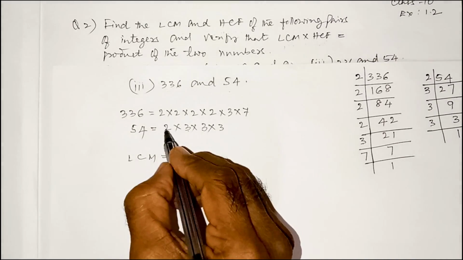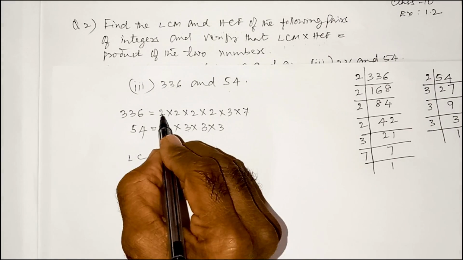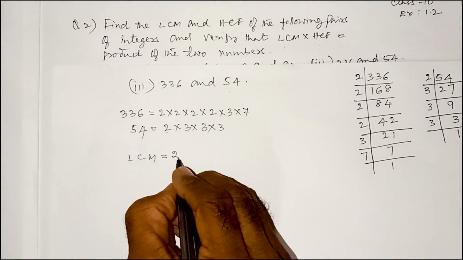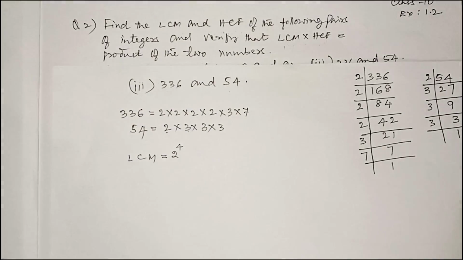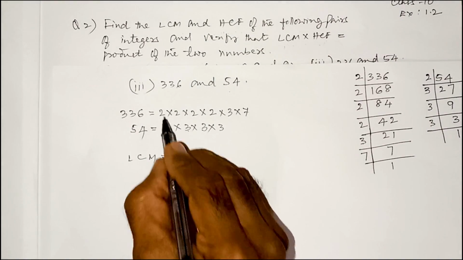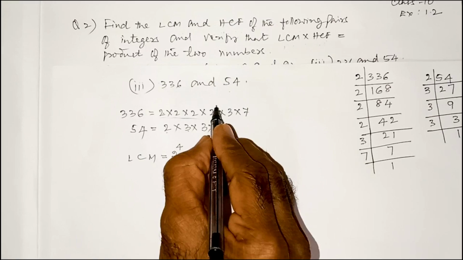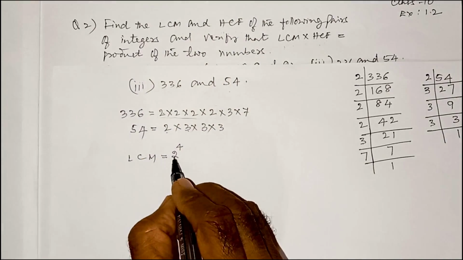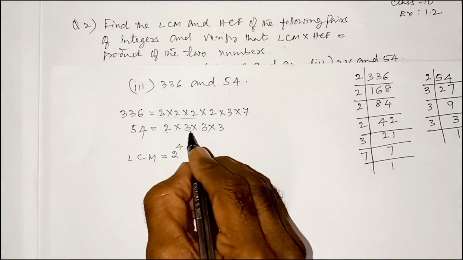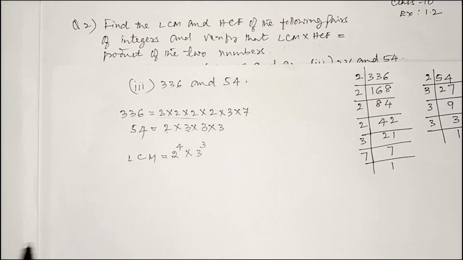In this case, let us take 2. You have 2 only once, but here you have 4 times. So you need to take the highest number of these two. 2 is once here, but it is here 4 times. So you need to take 2 to the power 4. Second is 3. Here we have 3, but here we have 3 cube. So you need to take 3 cube.